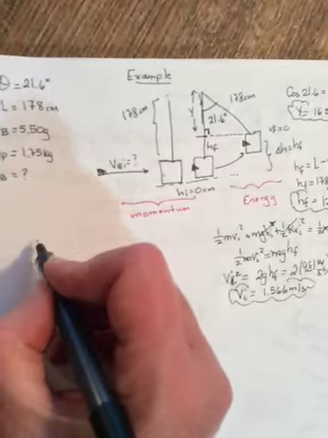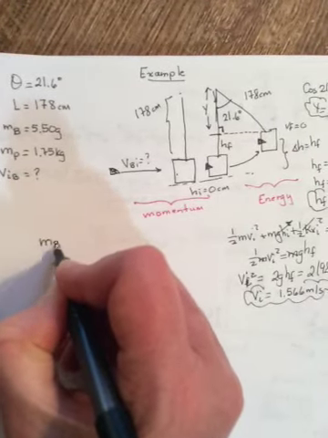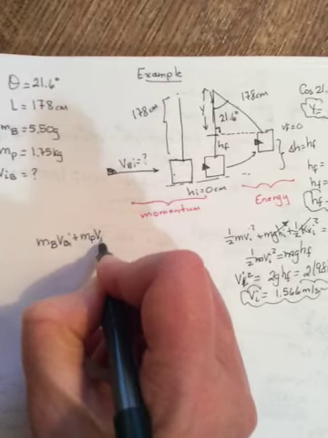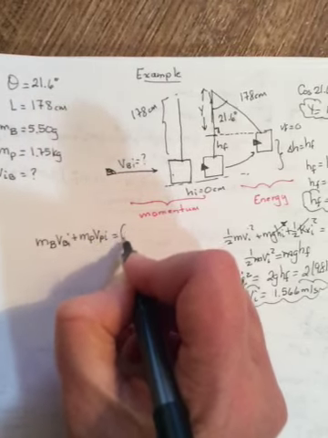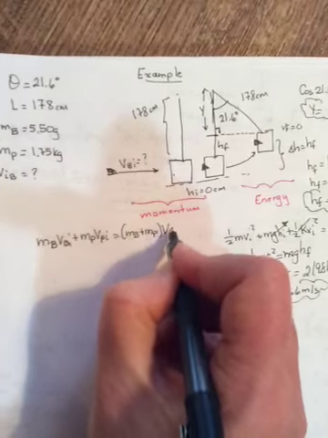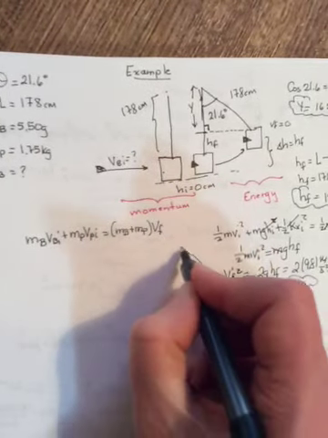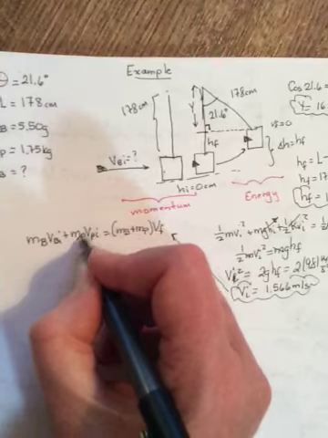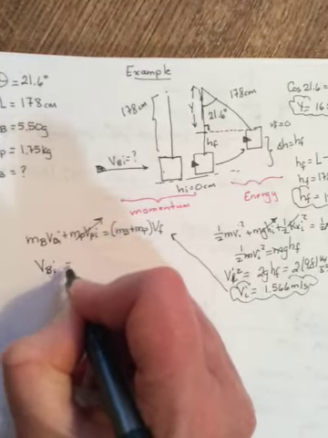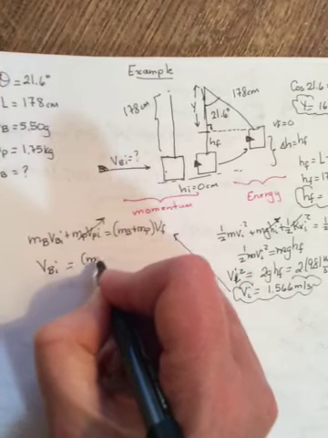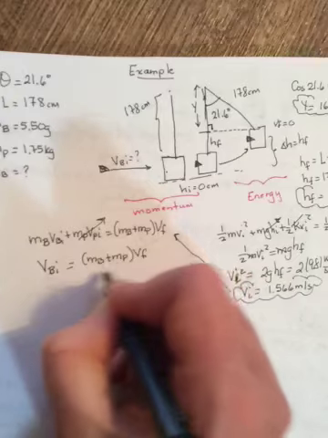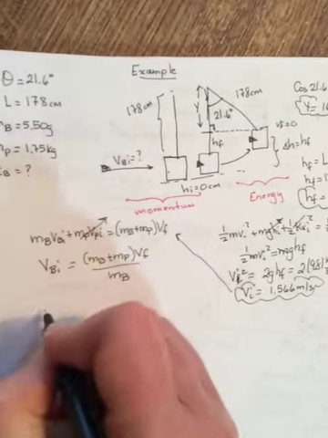So now I come over here to my momentum. M of the bullet, V of the bullet initial, plus M of the pendulum, V of the pendulum initial, equals M of the bullet plus M of the pendulum, V final. This V that I just found is my V final. The pendulum wasn't moving initially. I can now find the speed of my bullet. So M of the bullet plus M of the pendulum, times V final, divided by M of the bullet.